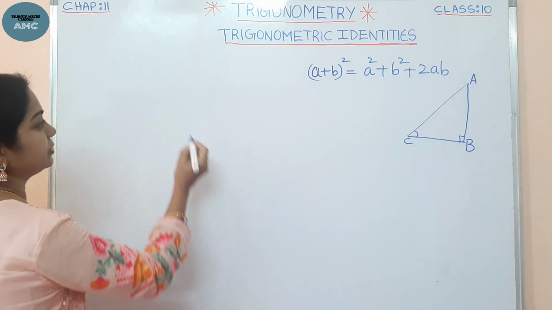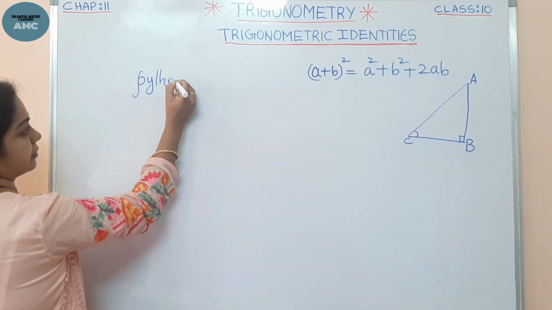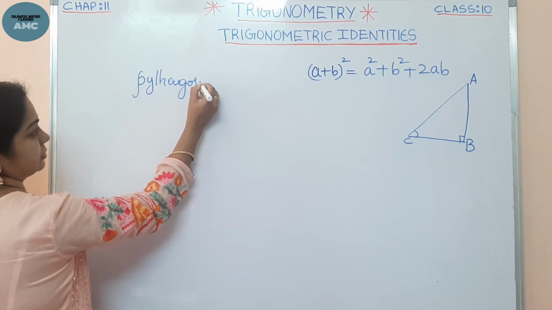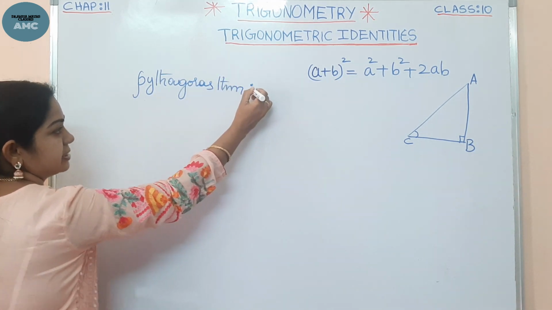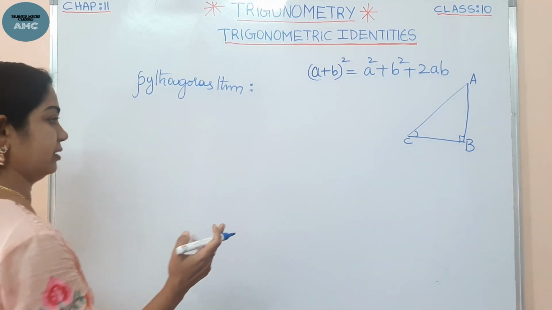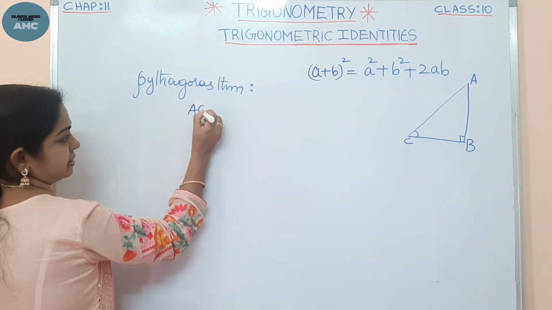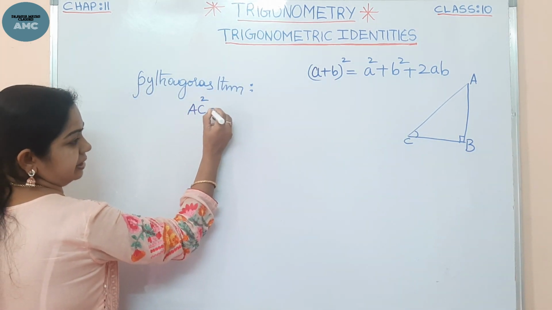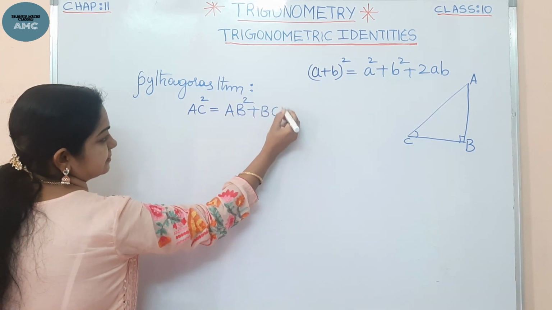Now, according to the Pythagoras theorem, what does the Pythagoras theorem tell us? The hypotenuse square is equal to side square plus side square. Now, the hypotenuse is AC here. Okay, AC square is equal to AB square plus BC square, isn't it?